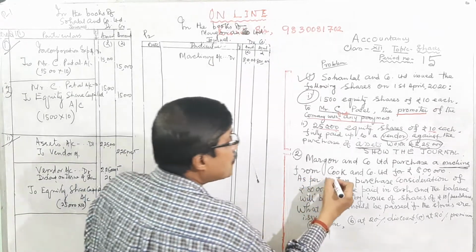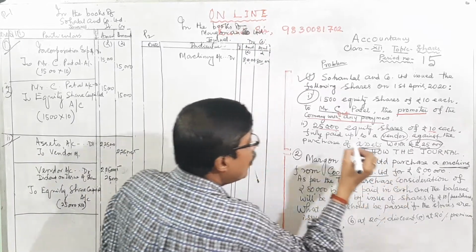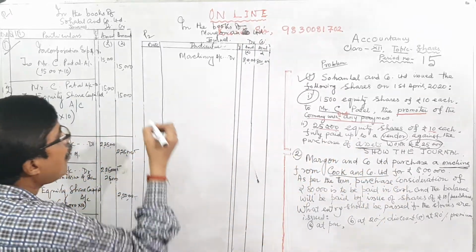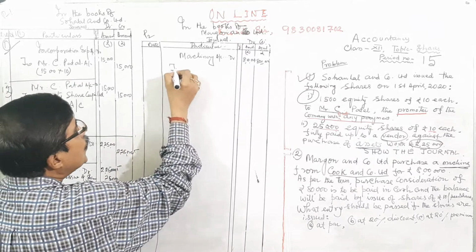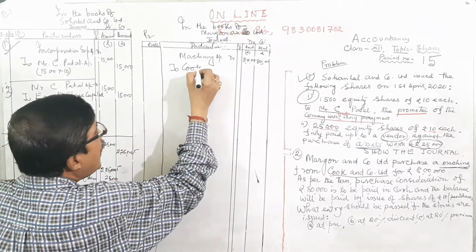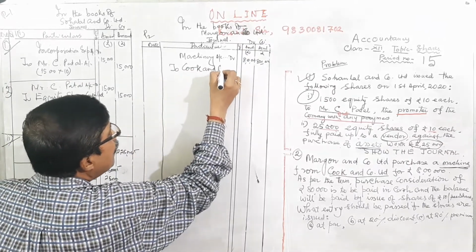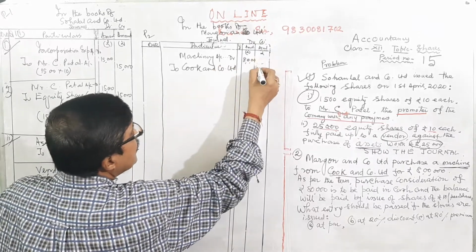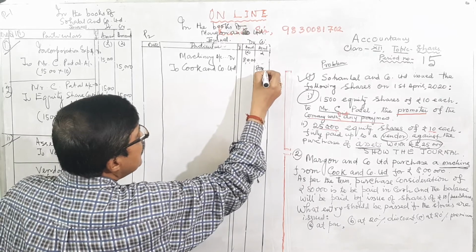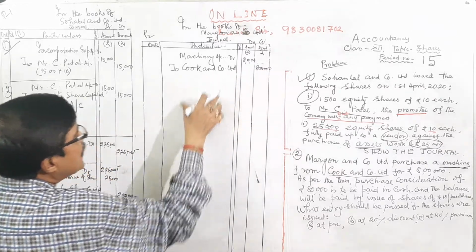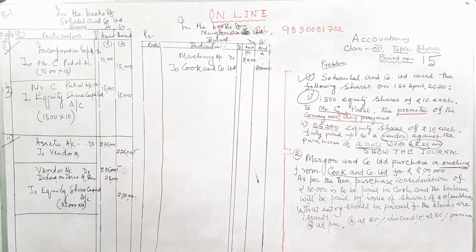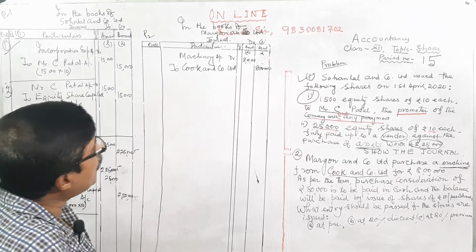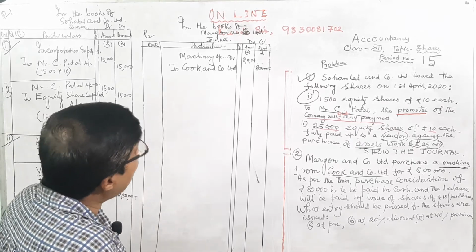The name of the vendor is mentioned here: Cook and Company Limited, 8 lakh. That means machinery is purchased from Cook and Company for rupees 8 lakh.